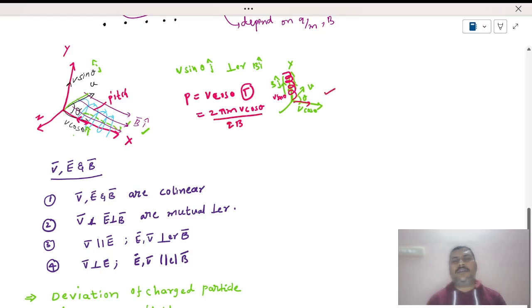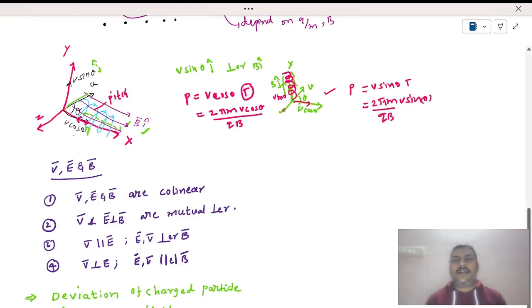The linear distance between the two positions of the helical path is the pitch, equal to V sin theta into T, that is 2 pi M by QB into V sin theta.